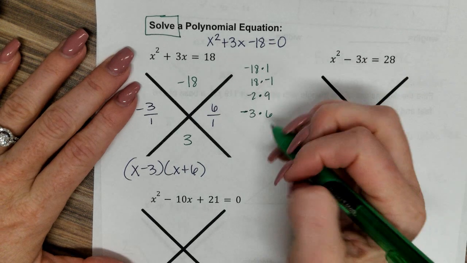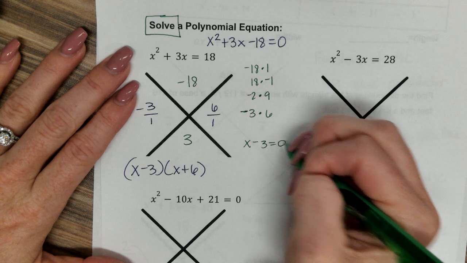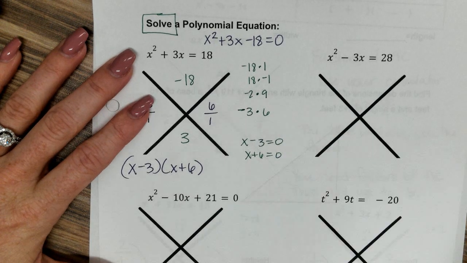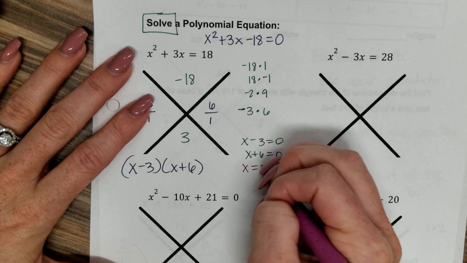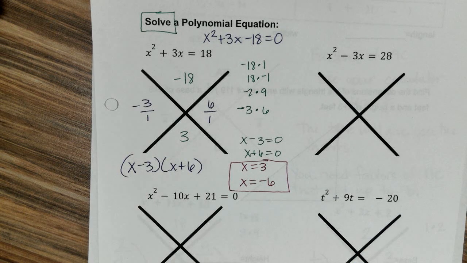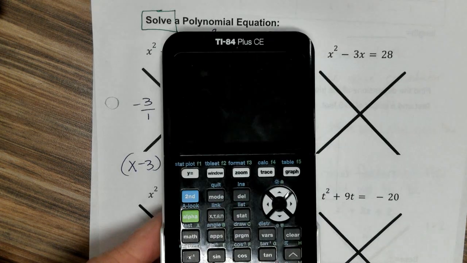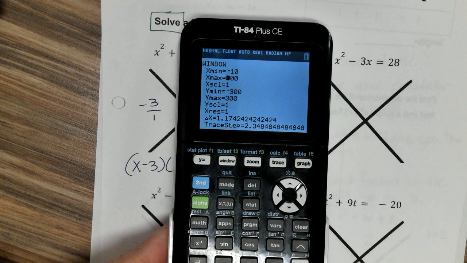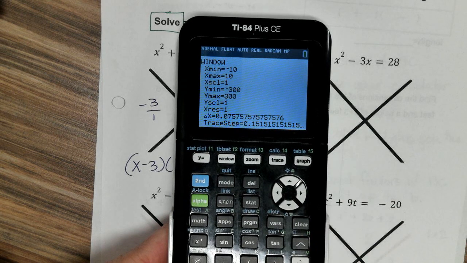So I would have x minus 3 equals 0 and x plus 6 equals 0. So what would my answers be? X equals 3 and x equals negative 6. Now let's go put them in our calculator and see if we get that. Check your windows real quick. I'm going to change them to negative 10, positive 10 because I want to be able to see the intercepts.